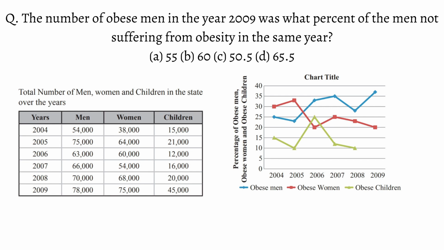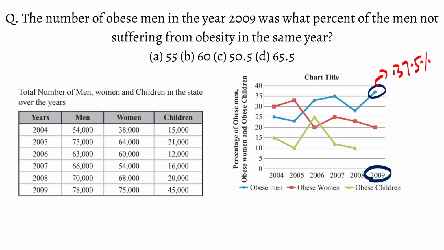The number of obese men in the year 2009 was what percent of the men not suffering from obesity in the same year? Okay, so what is the percentage of obese men in 2009? The percent is almost 37.5%, right?